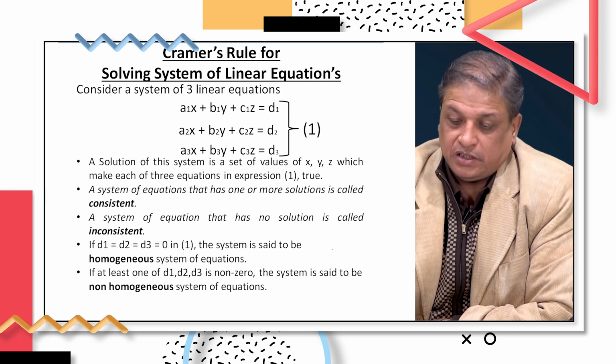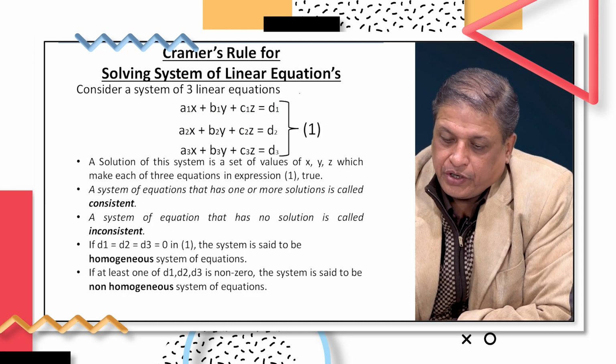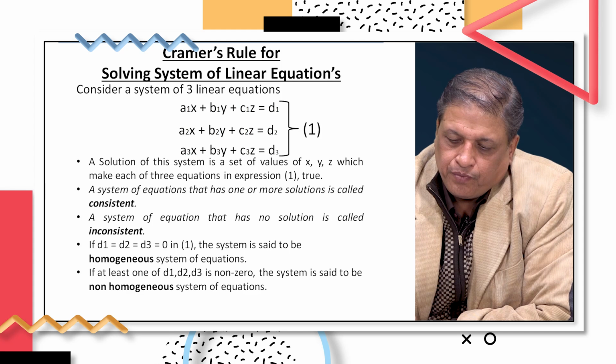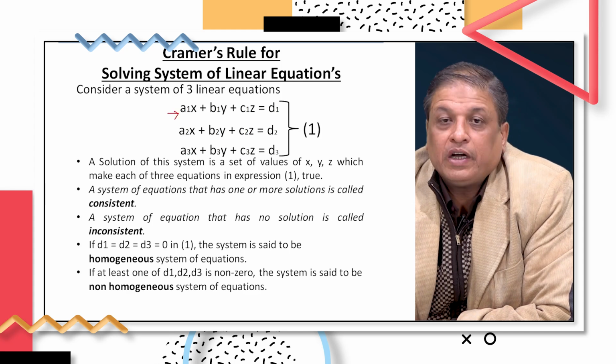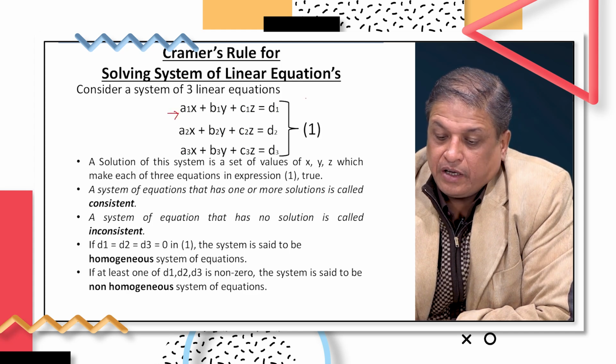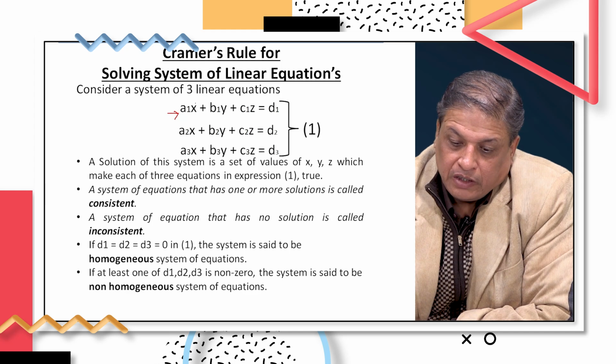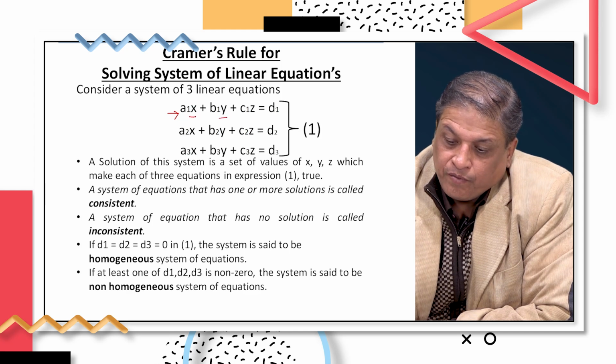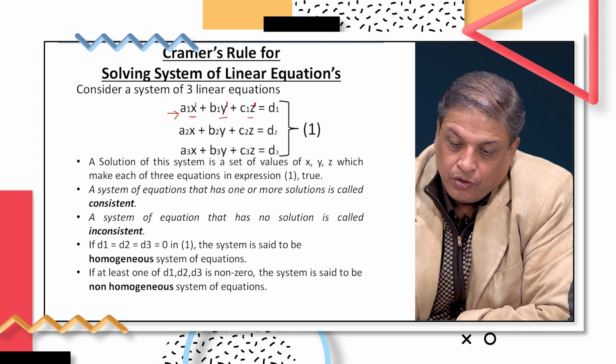Now let us consider three linear equations. The first equation is a1x plus b1y plus c1z equal to d1. You see that the variables x, y, z all have the power of 1.